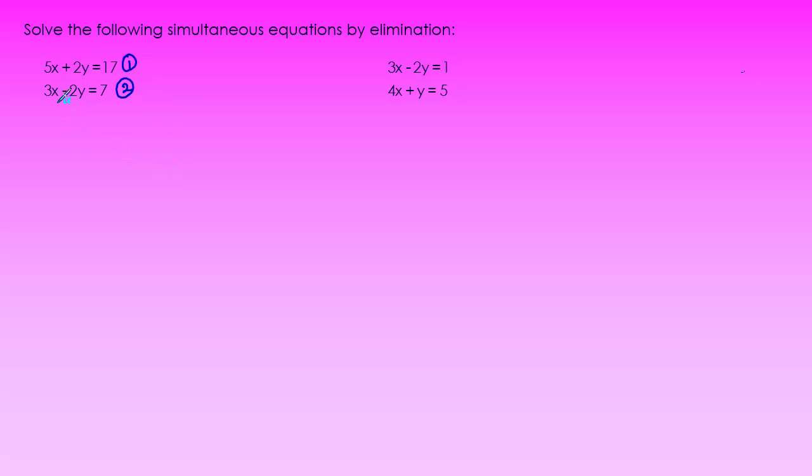Now this one's a particularly simple example because both equations have 2y. This one is a plus 2y, this one is a minus 2y. Now in general, when you've got a letter where there's the same number, so 2y's and 2y's, if the sign in front is the same, you subtract the two equations to get rid of that letter.